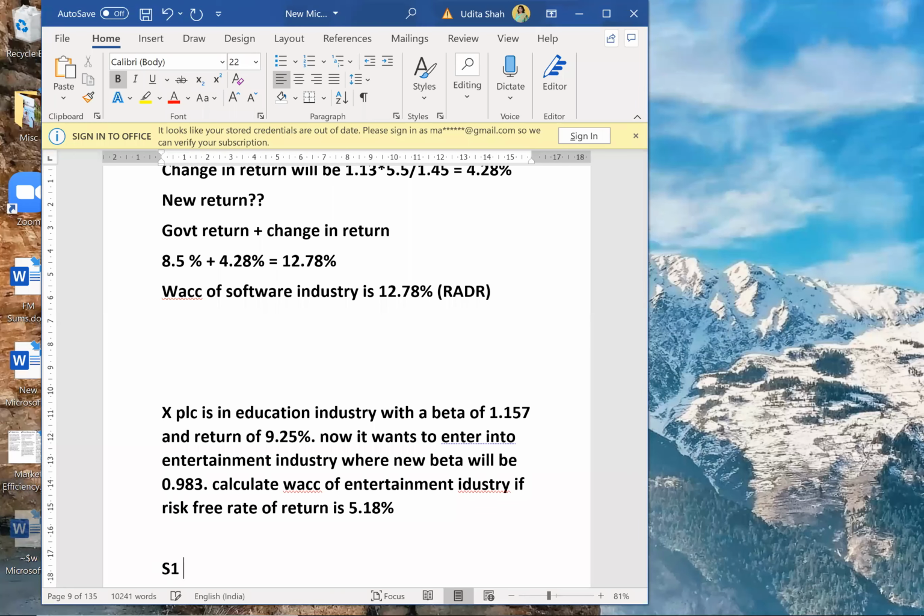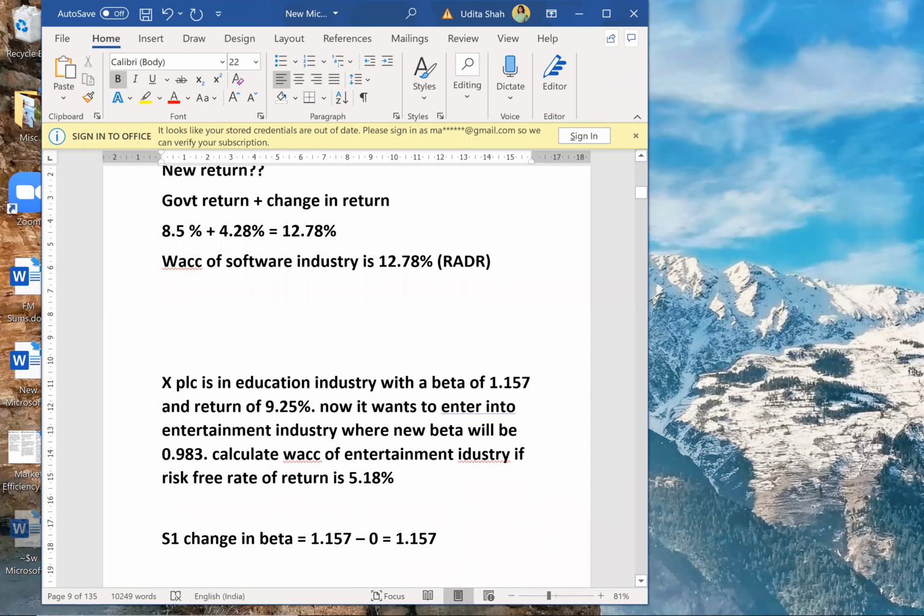So step 1, we are comparing what? We are comparing education industry with government industry, that is risk-free rate of return. Okay. So change in beta will be what? 1.157 minus 0, because government sector always the beta is 0, correct? And for that, what is the change in return?